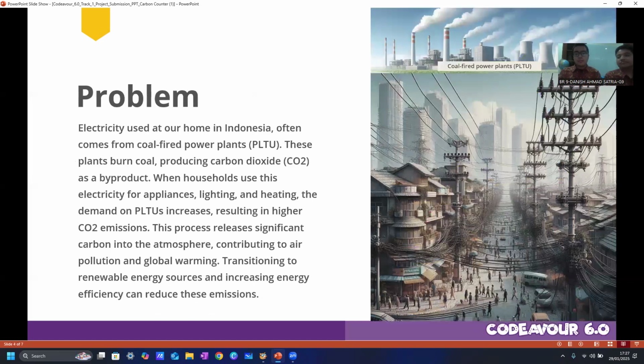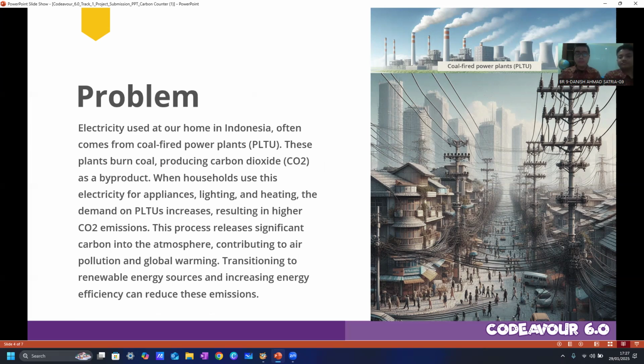And so what is our main problem in making this project? We are from Indonesia, and electricity used at our homes often comes from coal-fired power plants, known as PLTU in Indonesia. These plants burn coal, producing carbon dioxide as a byproduct.